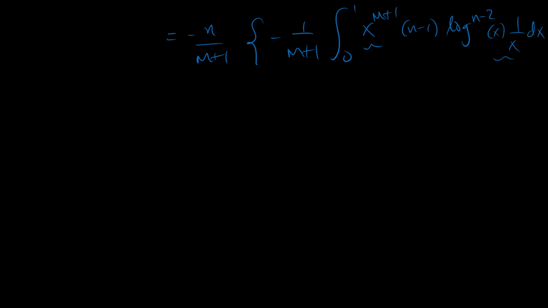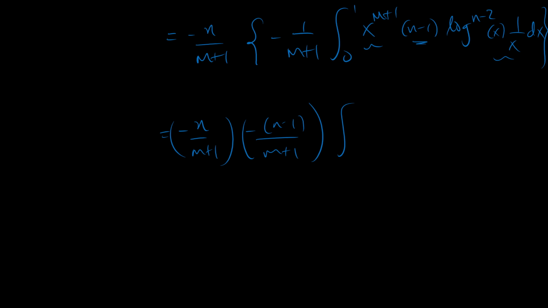This and that would interact. So now we have negative n plus 1, and then we can pull this out. So we have negative n minus 1 over m plus 1 integral of x to the power m log to the n minus 2 of x.